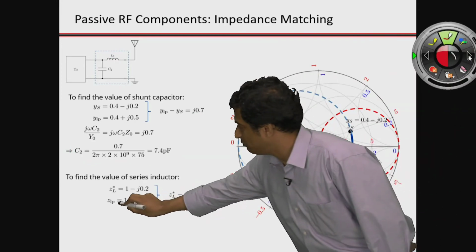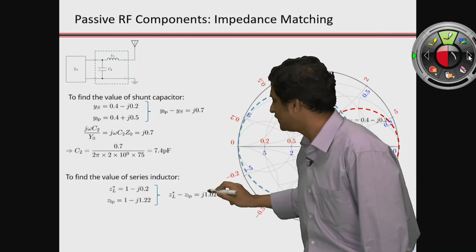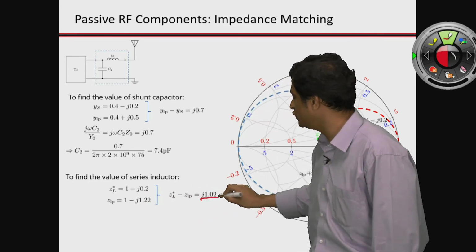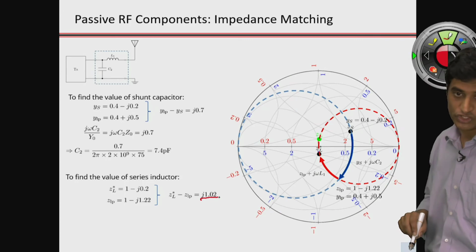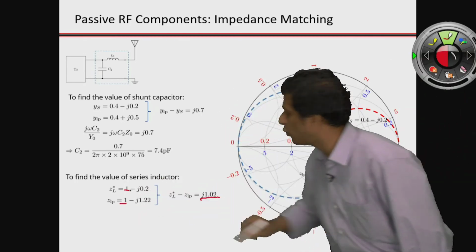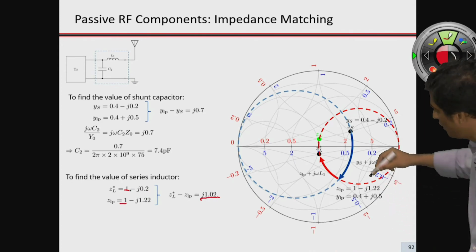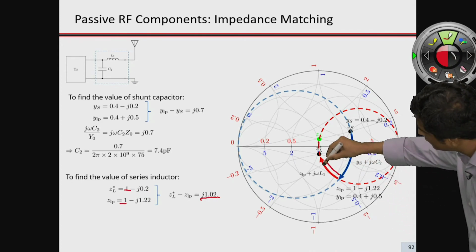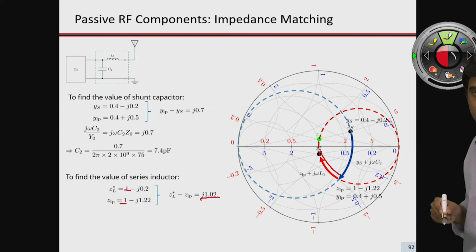From Z1p we are going to ZL star, so the difference in that impedance is going to be j1.02. Again, notice that the resistance at the starting and ending point is still 1, is the same. We are moving along a constant resistance curve of R equal to 1.